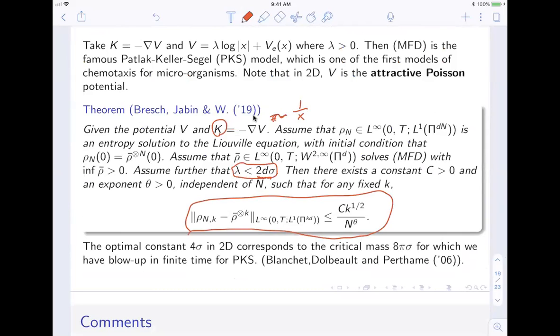Because Patlak-Keller-Segel has a very critical phenomenon: if the mass is bigger than 8 pi, you will have blow up in finite time. So what we treat is that we can show the particle approximation for any subcritical regime, where you don't have the blow up behavior when time is large.